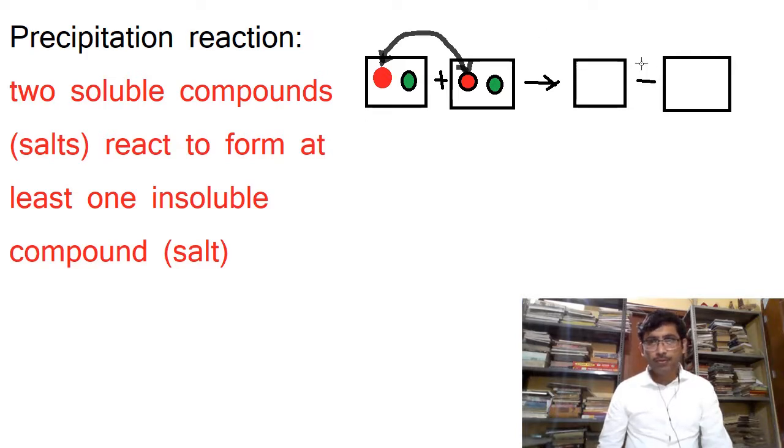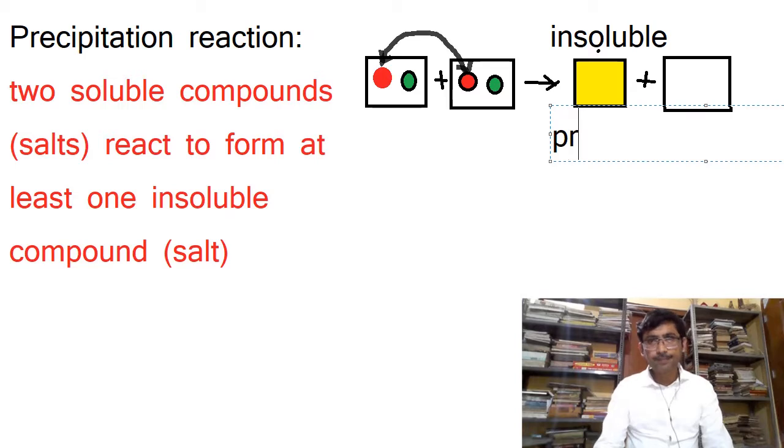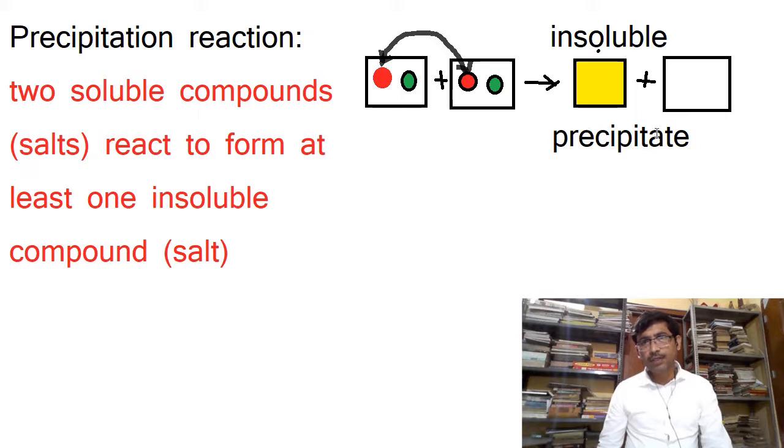Now, out of these two compounds that are formed, if one of them is such that it is not soluble in water, so it is insoluble in water, then this substance is called a precipitate, and it does not dissolve in water.